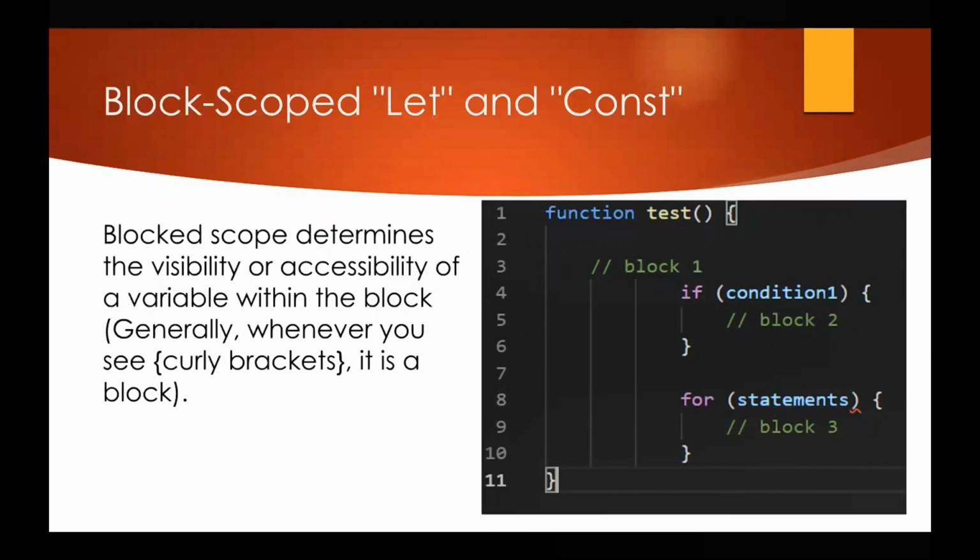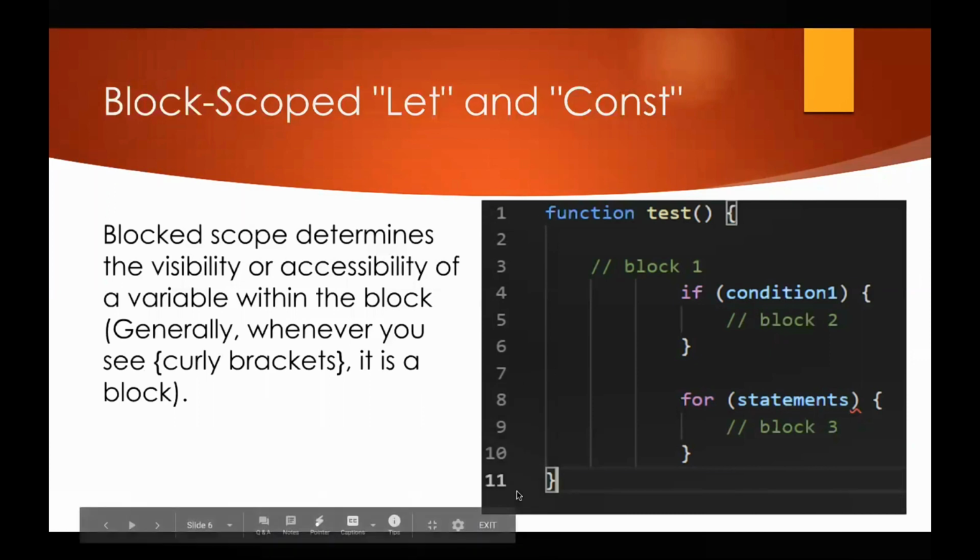Block scope determines the visibility or accessibility of a variable within a block. Generally, wherever you see curly brackets, it's called a block. So here in this example, function test from line number 1 to line number 11 is one block, block 1. From line number 4 to line number 6, block 2.